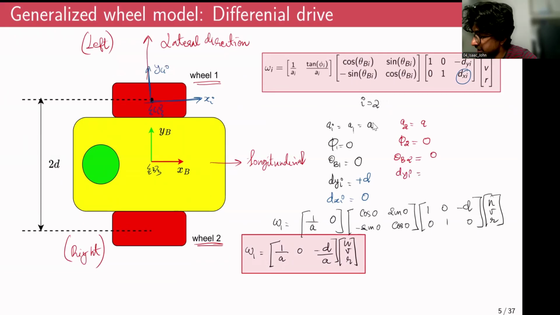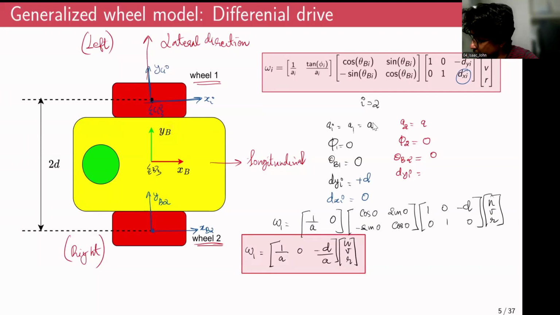DYI in this instance is basically the distance from frame B to the second frame of reference. So if I call the wheel frame of reference of the second wheel as this to be X B2 and this to be Y B2, this distance dy2 is actually minus d because it is oriented in the negative y-axis or negative YB axis.